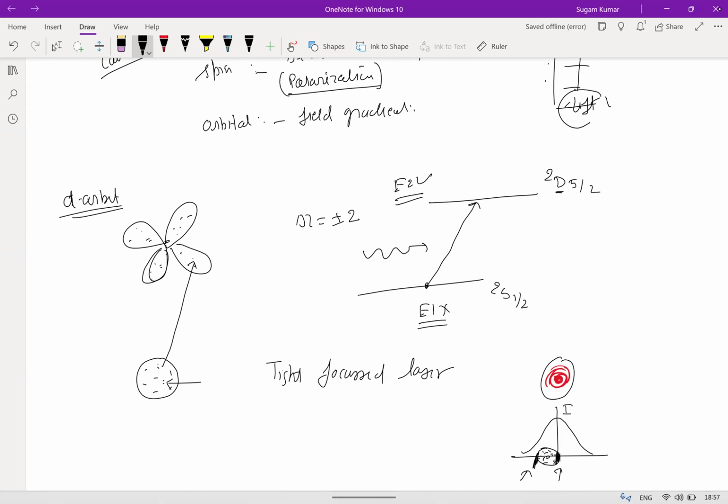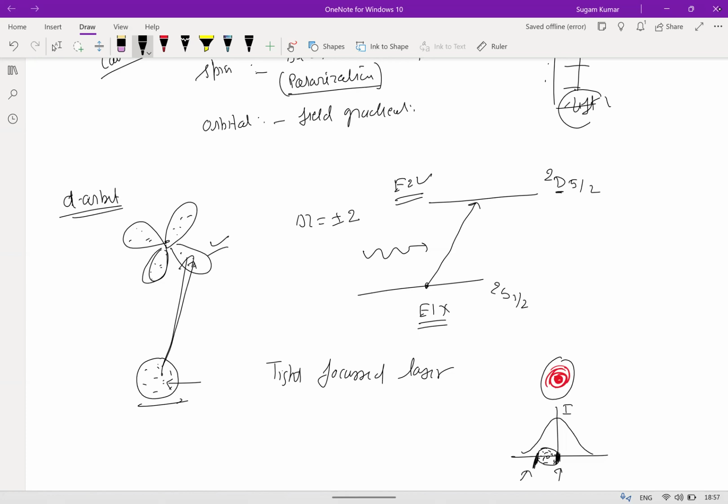So the electron cloud is going to get deformed, right? This is going to create a deformation in the electron cloud, and once this deformation gets matched with the D cloud, then this transition will take place.